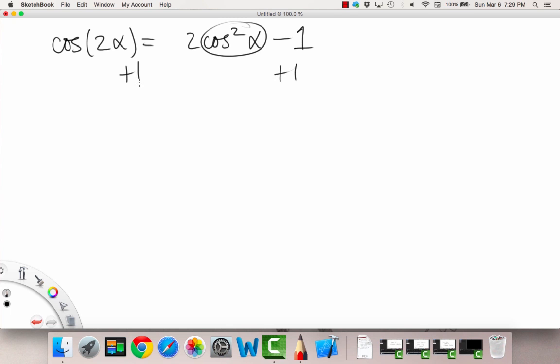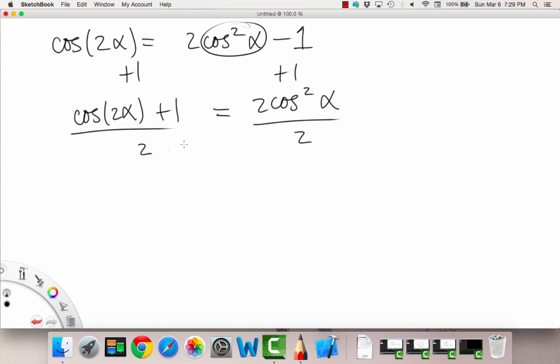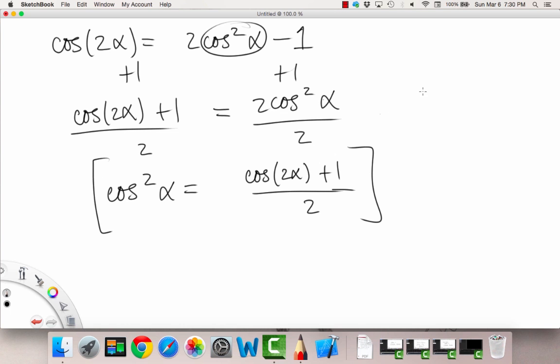We add 1 to both sides, so we get 2 cosine squared alpha is equal to cosine of 2 alpha plus 1. Let's divide by 2 on both sides. So we get that cosine squared alpha is equal to cosine of 2 alpha plus 1, divided by 2. And this here, lo and behold, is something we call a power reduction identity.